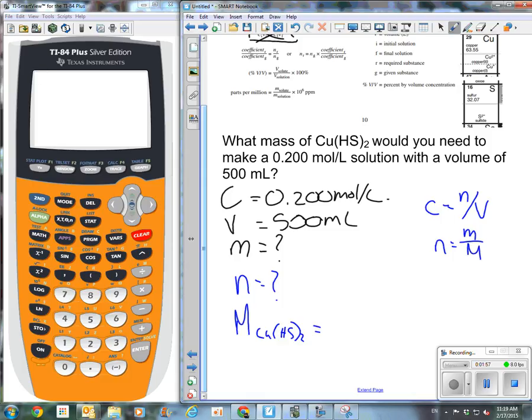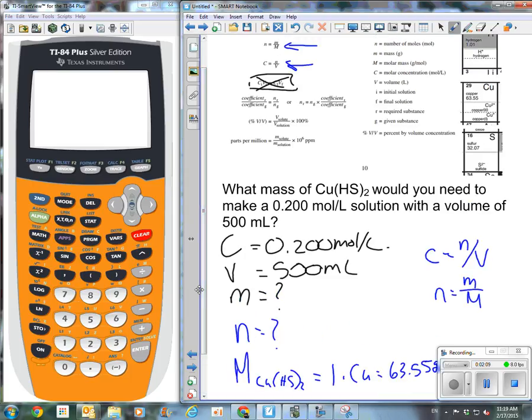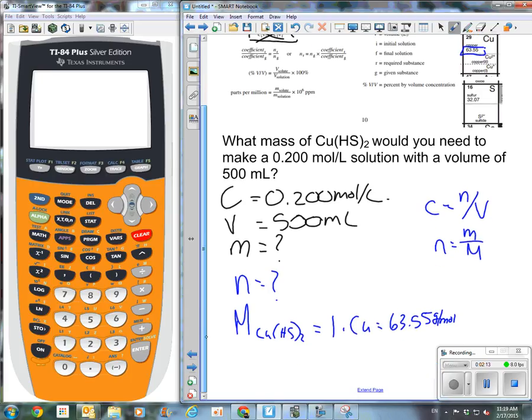So I have 1 copper, and my copper there is 63.55 grams per mole. I'm getting that from my periodic table. I've copied and pasted some pieces of that there. Then I have 2 hydrogens. Remember that this multiplies into both.